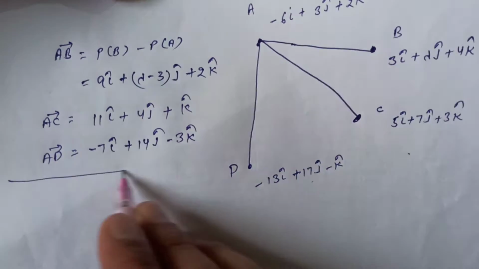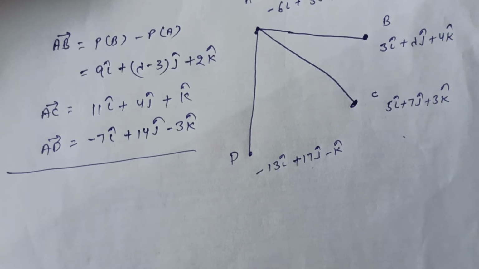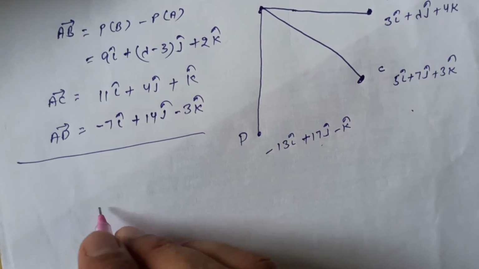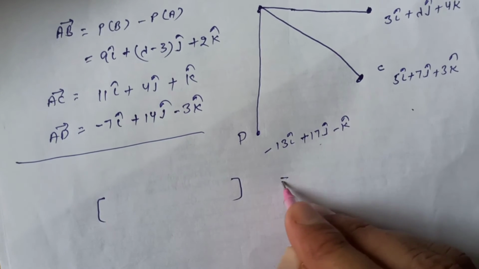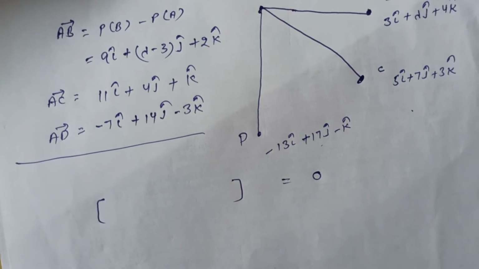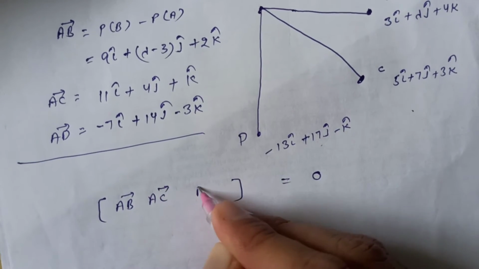So these are the 3 coterminous vectors formed by these 4 points. Let us check whether, we are given that these 3 vectors are coplanar. Condition of coplanarity is scalar triple product of these 3 vectors must be 0.